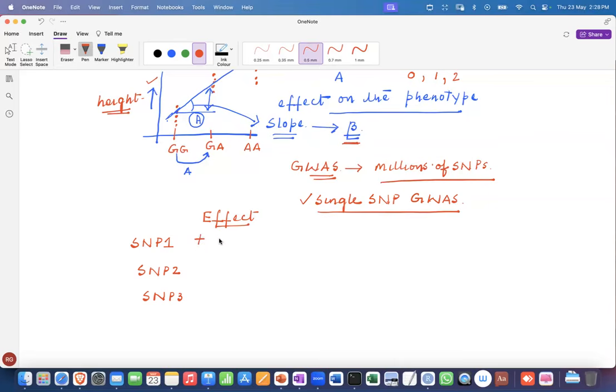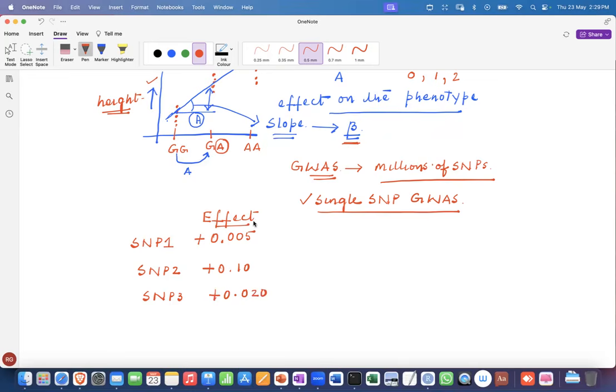It can be a minus or a plus, meaning what is the effect of introduction of this particular allele into the genotype, if at all it has some effect, whether it is positively increasing the phenotype or negatively decreasing the phenotype. Let us say it can be 0.005, whatever it is. Effect, I'm just taking some arbitrary numbers, plus 0.10, plus 0.020. The next one.